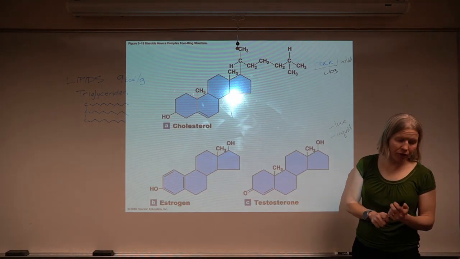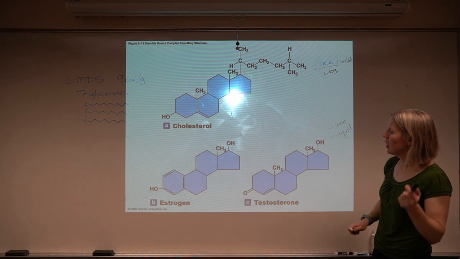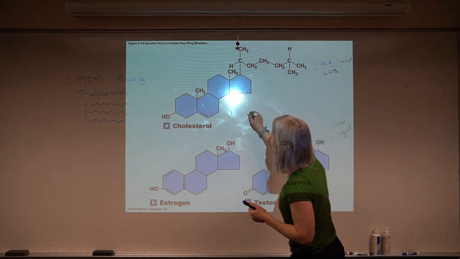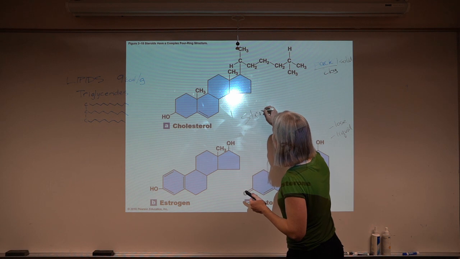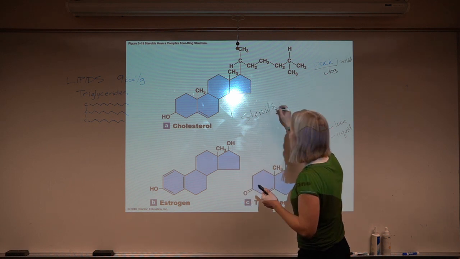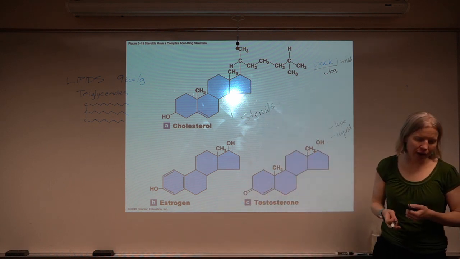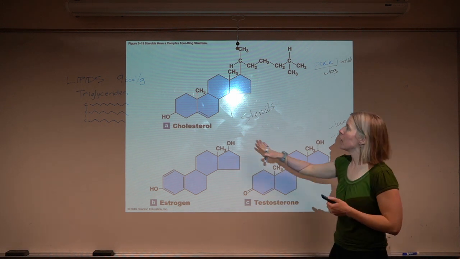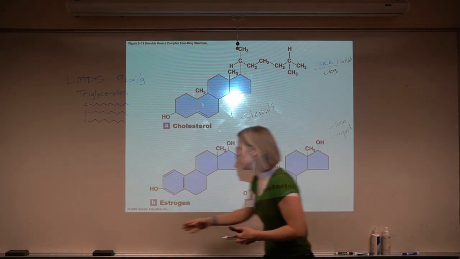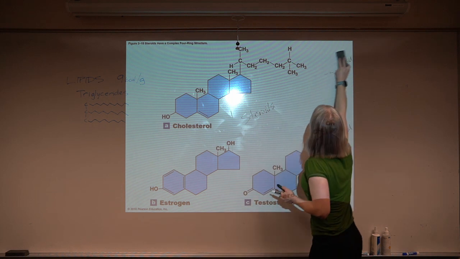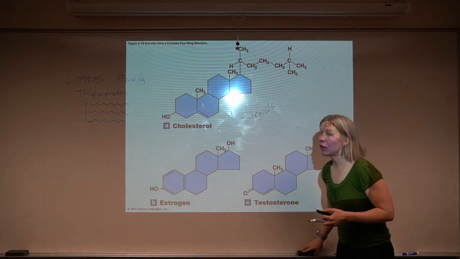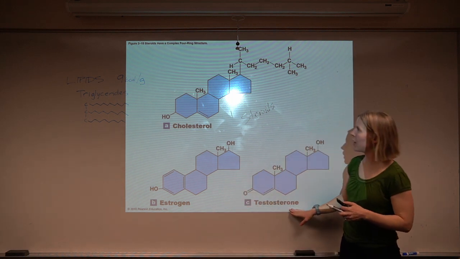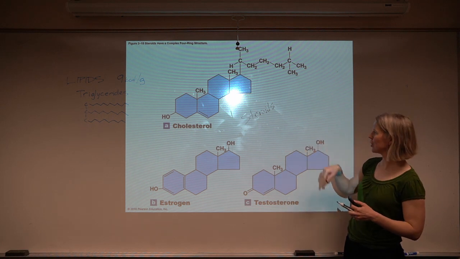Okay, other groups of important lipids. These are all what you might have heard of grouped together as steroids, right? Cholesterol is actually the parent molecule of these steroids, right? Meaning that if you want to make estrogen or testosterone, look at how similar these actually look, right?